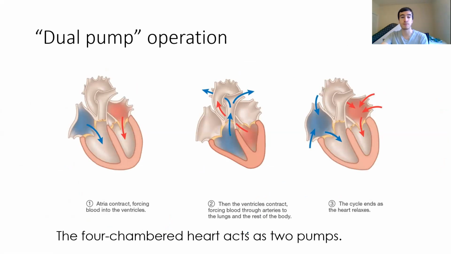And then that second bump is when the ventricles contract and force blood out through the arteries and into the rest of the body or out to the lungs. So each beat is the atria filling up and pumping down into the ventricles and out into the rest of the body.